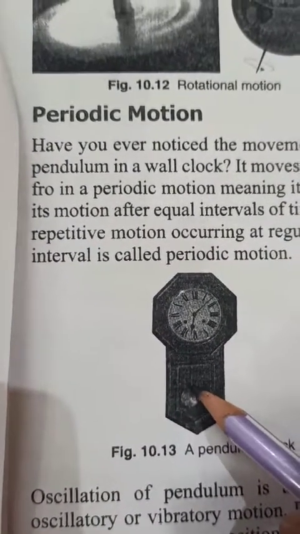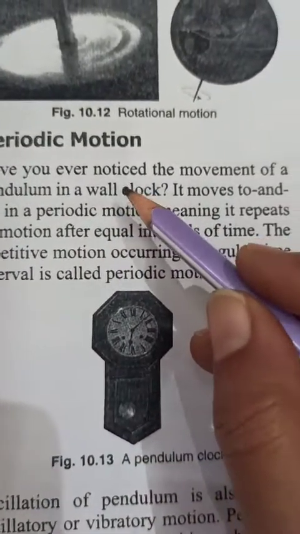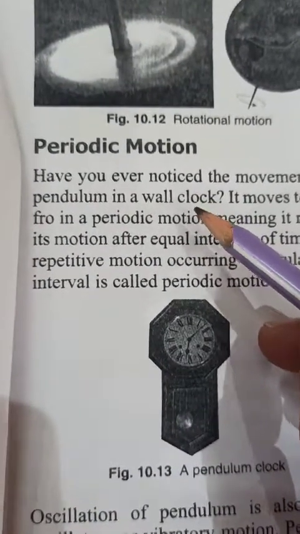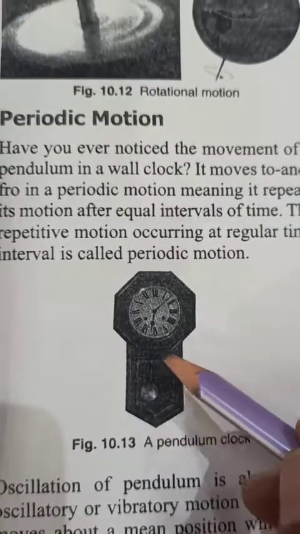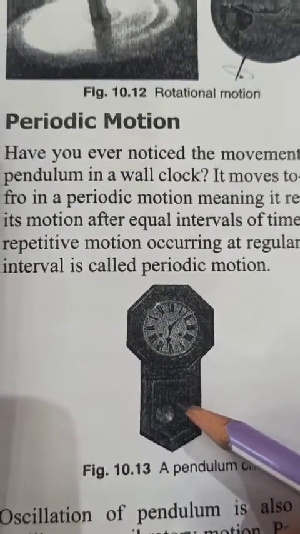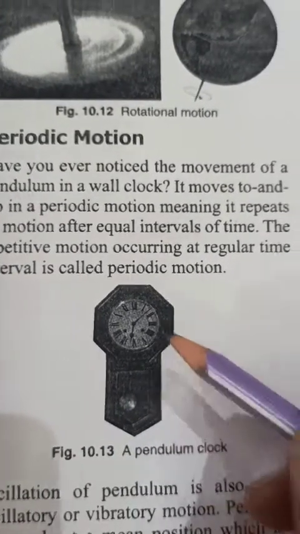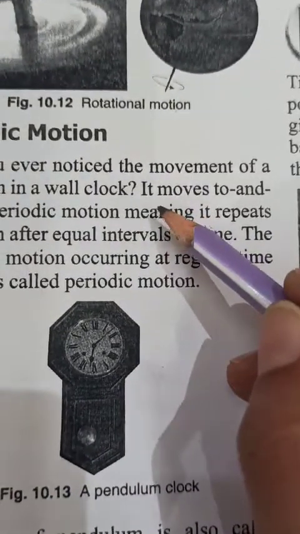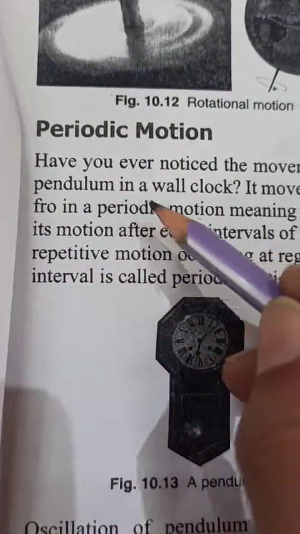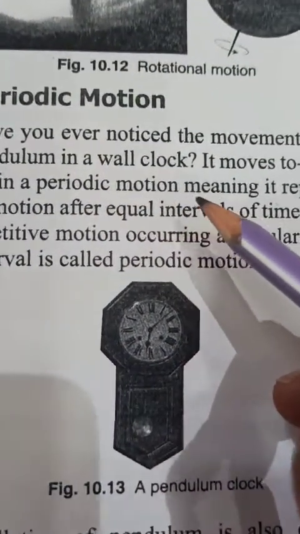So about this motion they ask us a question: have you ever noticed this movement? Which kind of movement is shown by the pendulum of a wall clock? So here they have written, it moves to and fro in a periodic motion.